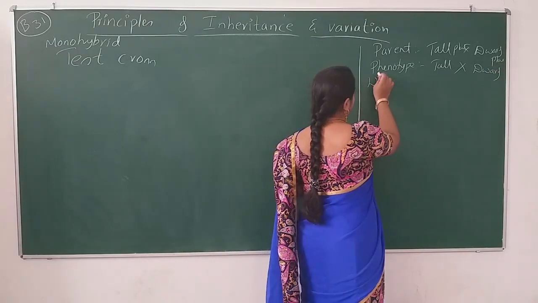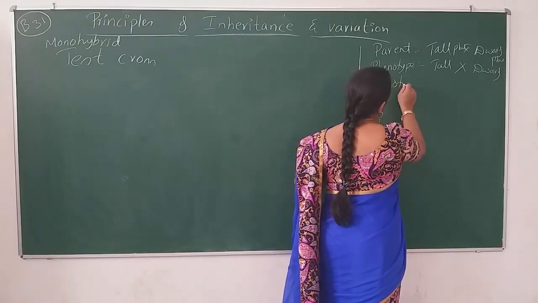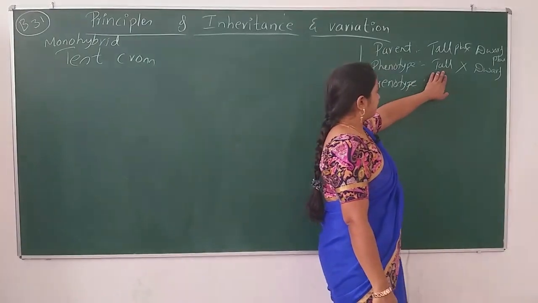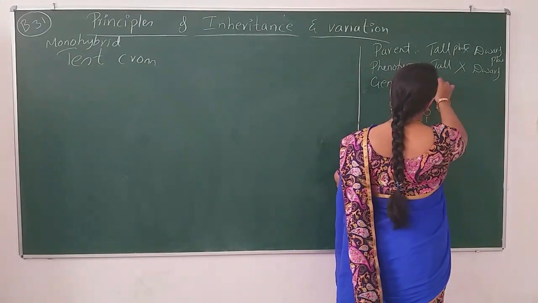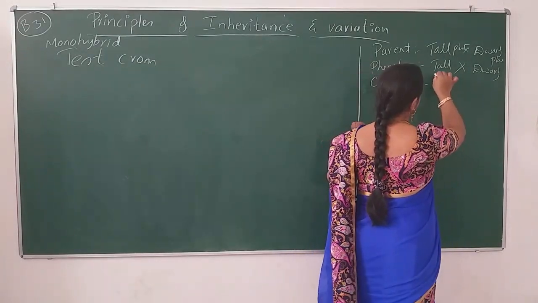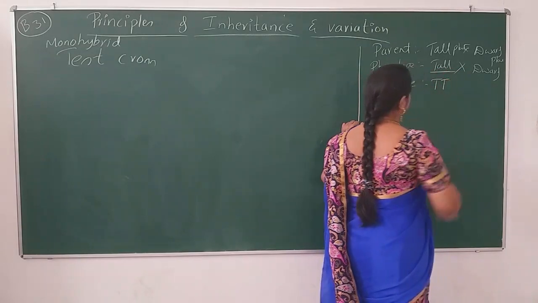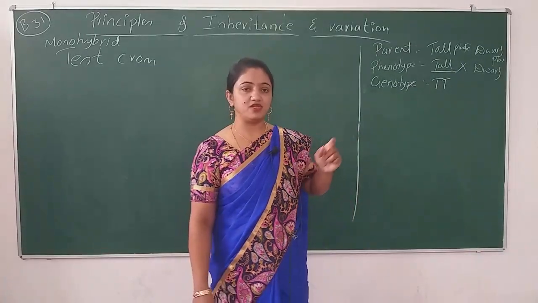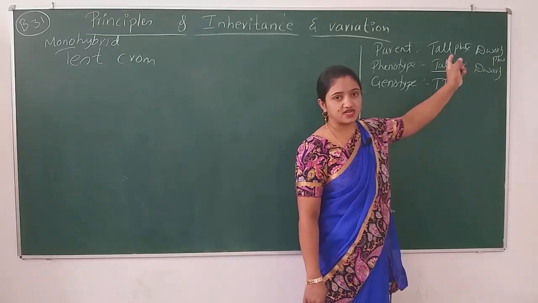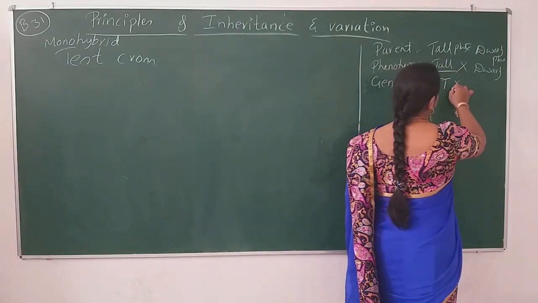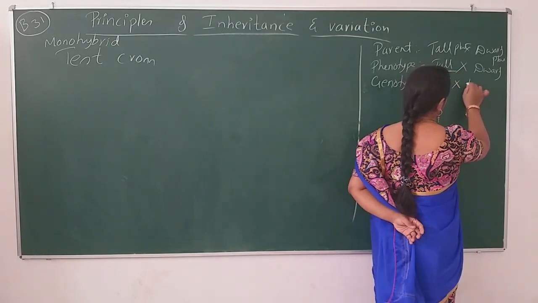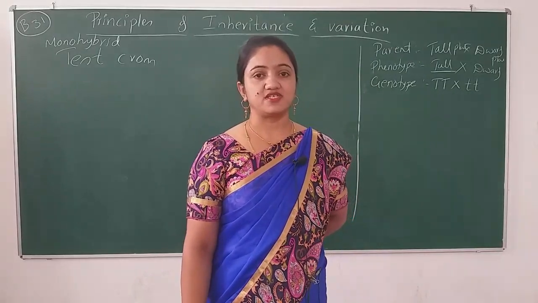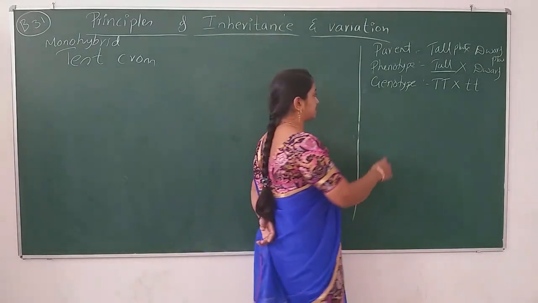And though we said the parents are pure breeds, pure breed in the sense that for the tall phenotype we write the homozygous condition, capital T capital T. Pure breed means there is no recessive gene in the homozygous condition. So these are the pure breeds. And for the dwarf, this is also pure, as I told you, it should be small t small t. Capital T represents the dominant trait, small t represents the recessive trait.